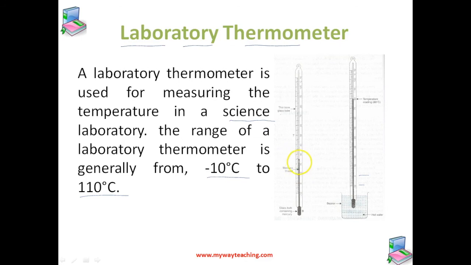So here this thin mercury line is used for measuring the temperature, and you can see 10 divisions between two markings, so one small division represents 1 degree Celsius, which means 10 divisions means 10 degrees Celsius.